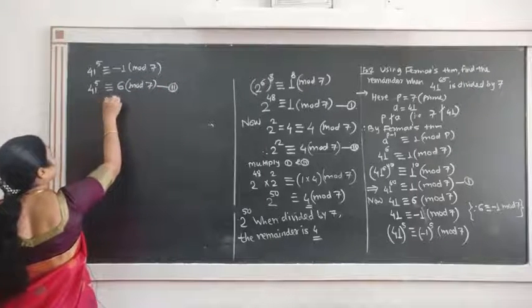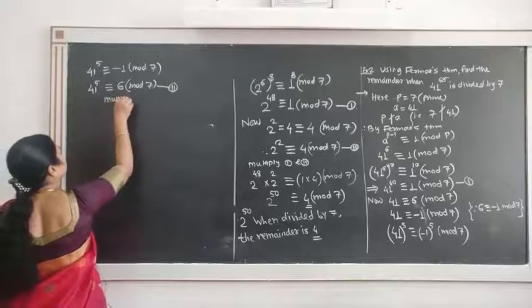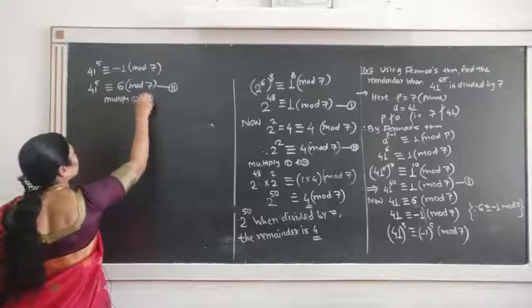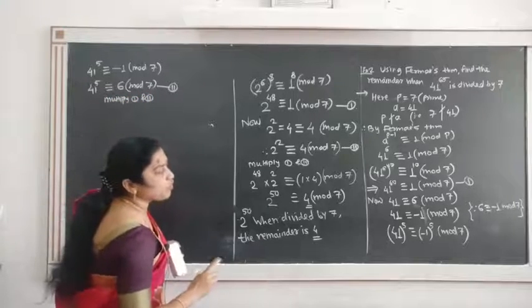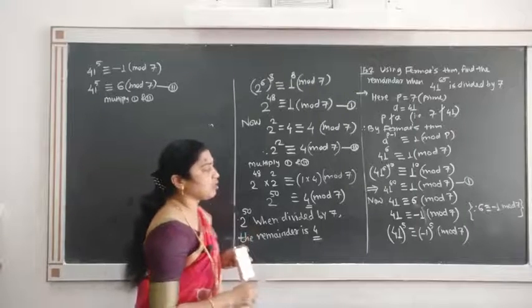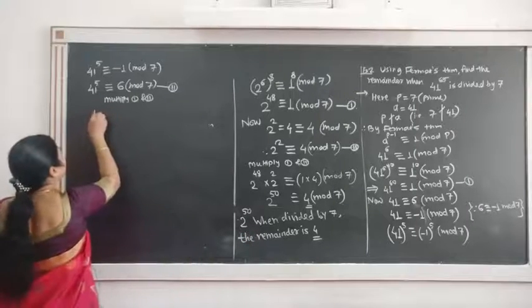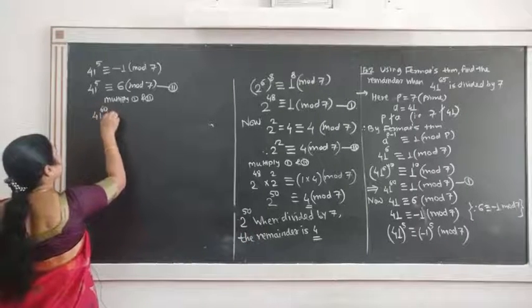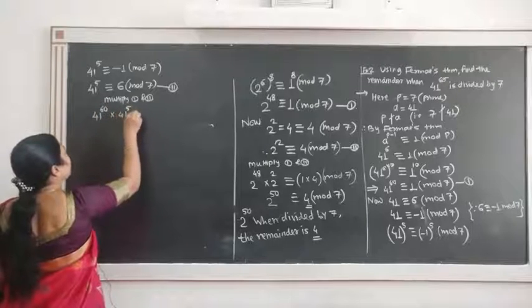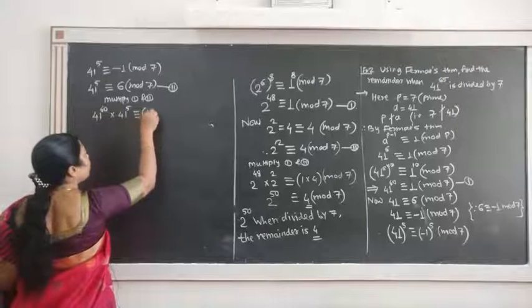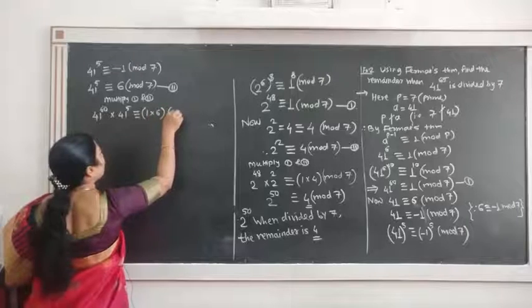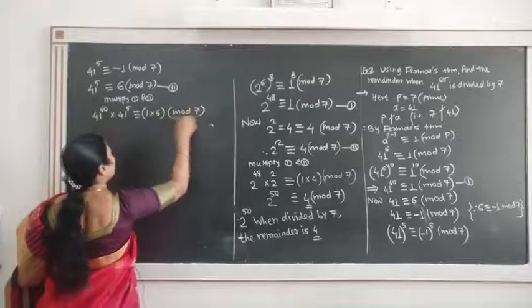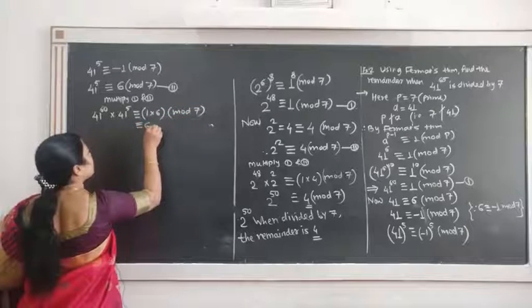Now multiply equations 1 and 2. 1 is 41 raised to 60 and into 41 raised to 5. So 41 raised to 60 into 41 raised to 5 is congruent to 1 into 6 modulo 7. 1 into 6 is nothing but 6.